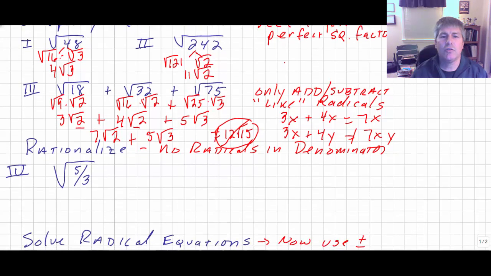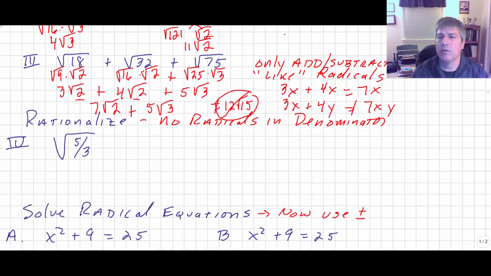Another thing you'll have to do when we're working with the Pythagorean theorem is you'll need to be able to rationalize denominators. Okay, so we don't want any square roots, any radicals or cube roots or anything in the denominator. It's a formatting thing in mathematics. So the square root of 5 is the equivalent of the square root of 5 over the square root of 3.